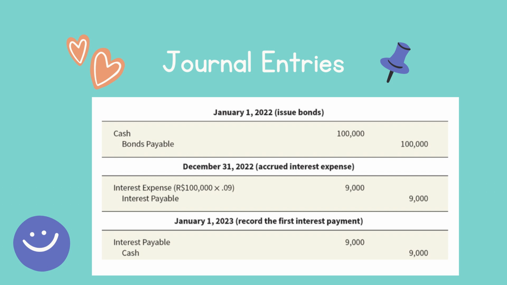So we're gonna repeat this 5 times. December 31st and January 1st, these 2 entries related to the interest will be repeated 5 times. And at maturity date, يعني when I pay the principal, I'm gonna switch the first one. So it's gonna be bonds payable to cash, because I'm gonna pay the 100,000 after 5 years. Okay, hope it's clear.